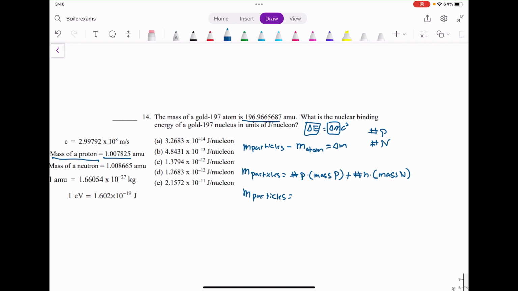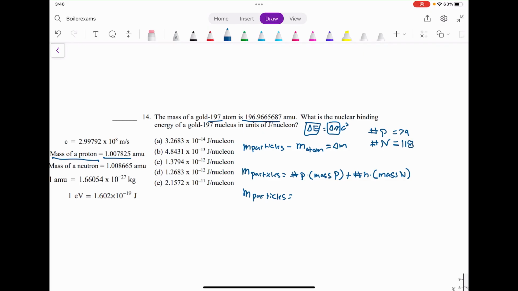When we look at gold on the periodic table, we can see that it is atomic number 79, which means it is 79 protons. And if we are gold-197, we are 197 minus 79, my mass number minus atomic number, which gives me 118 neutrons.